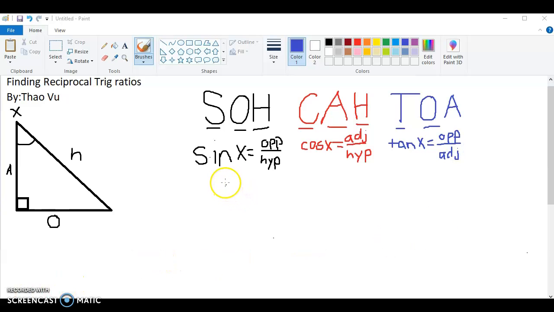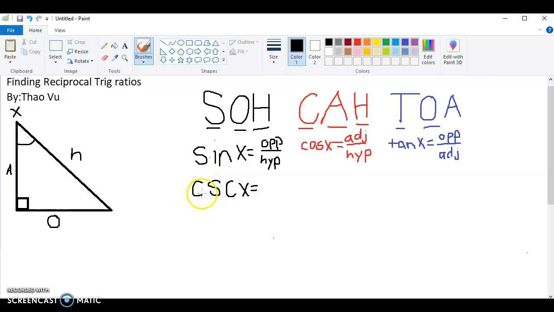Now that we understand what the trig ratios stand for and what they mean, we can move on to the other three, which were cosecant, secant, and cotangent, as they are the reciprocal of these three. So first, cosecant of an angle is the reciprocal of sine.